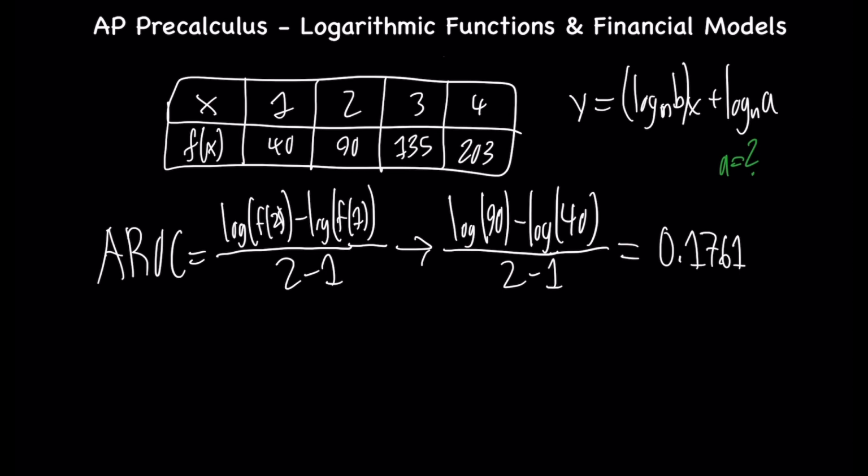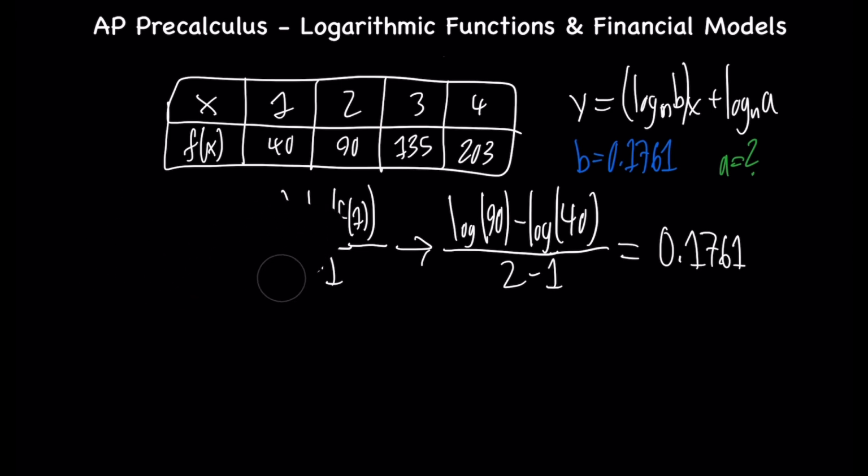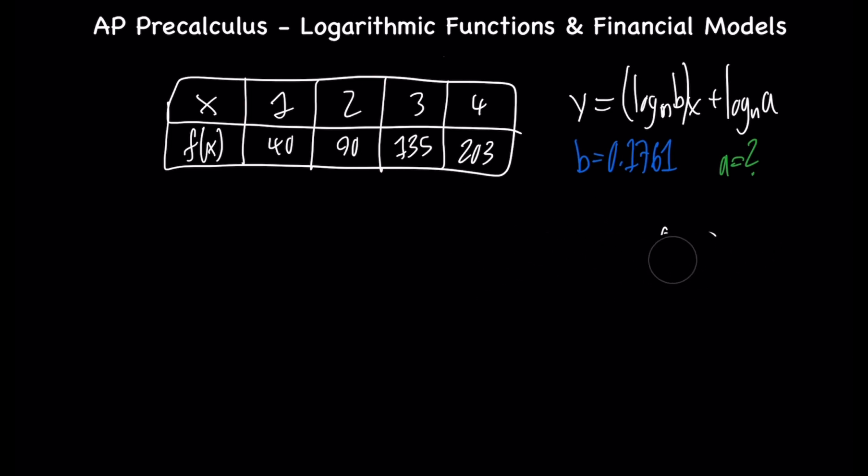Oh my god, whoops. I'm not used to this. But yeah, that's our B value. So we already solved for our B value. Now, solving for our A value is actually a much easier process. So to solve for your A value, you essentially just have to do, say, f of 1, or no, not f of 1.